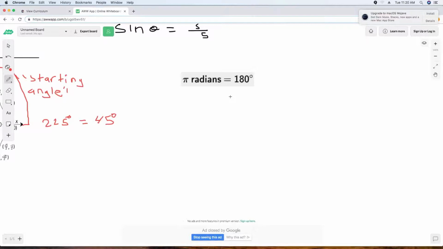So 180 degrees, that's half of the circle. From here to here, that's pi. And then a whole revolution is 2 pi. So that's something that they give you. Now, what is that in angles? What is 9 pi over 4 in angles?